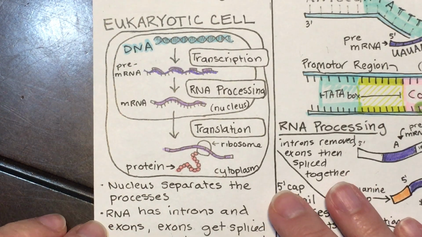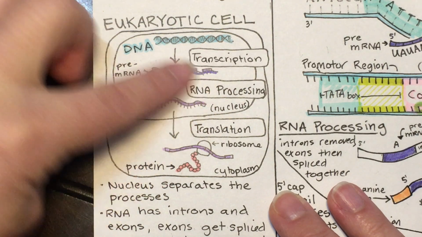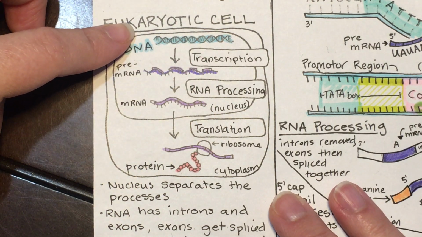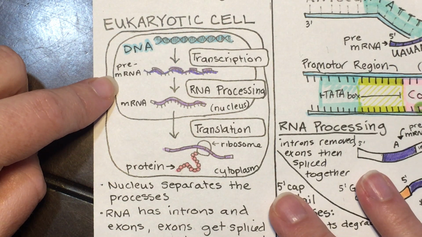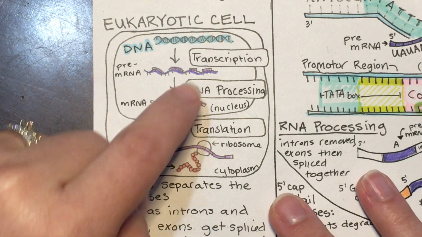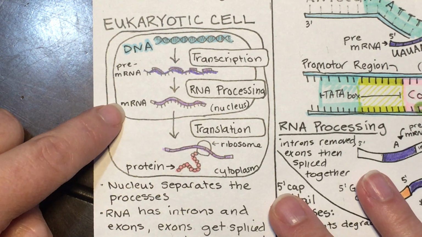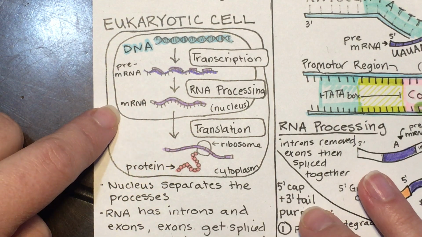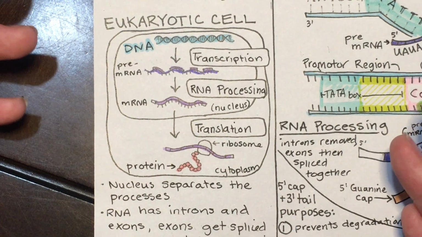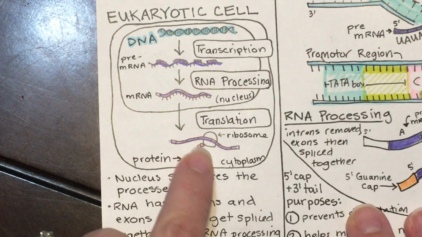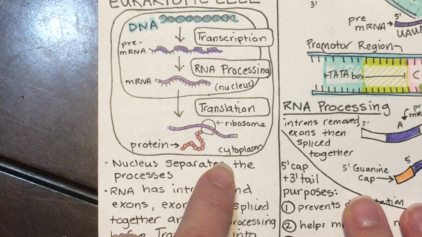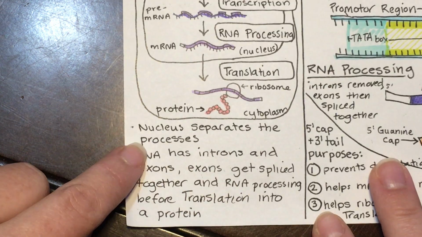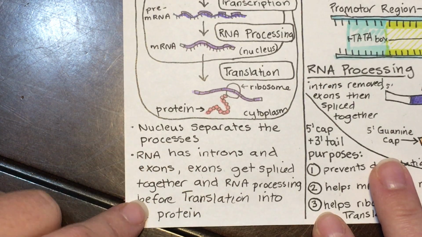So in eukaryotic cells, we have our nucleus. So DNA to RNA is transcription, but we're going to call that the pre-mRNA because it's not quite done. RNA processing is going to occur to finalize what the RNA product will be. And then that final product leaves and again does translation with the ribosome out in the cytoplasm. So the nucleus is separating the processes.